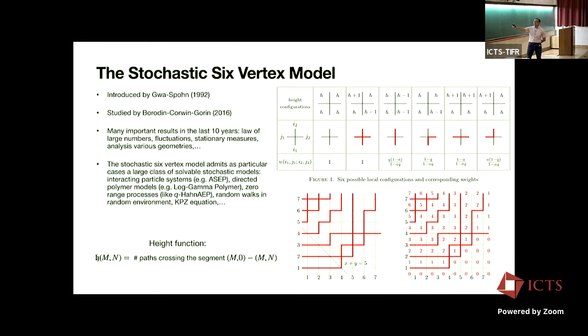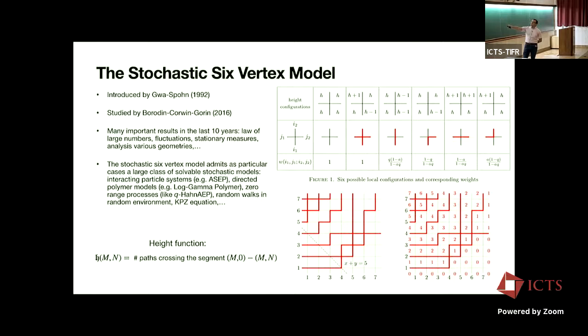Instead of giving a general definition, let's provide a simple way of sampling such an ensemble of paths. The ingredient that you need is a series of stochastic moves that are written in the table here on the top. But let's see how to use them.